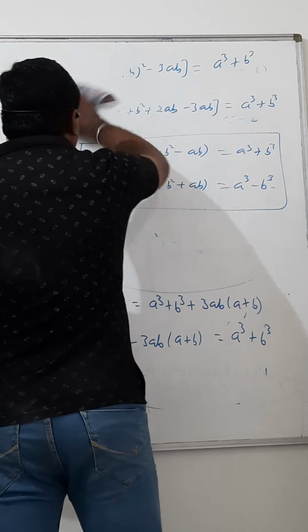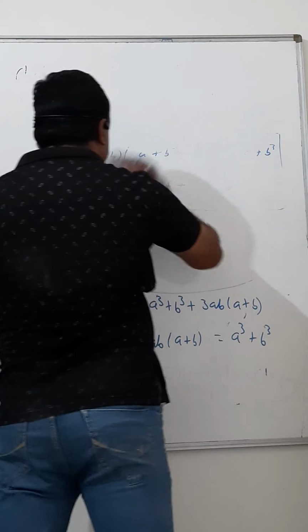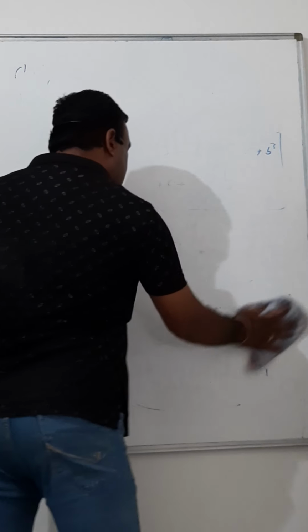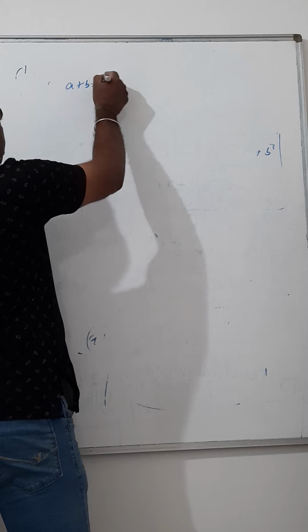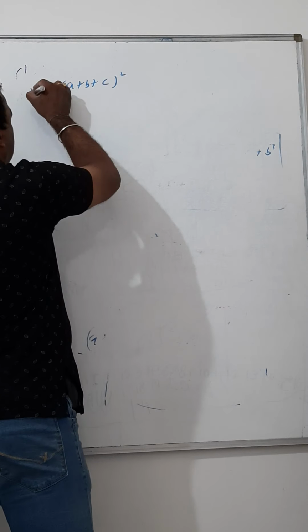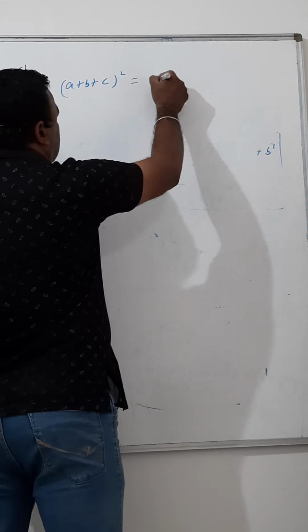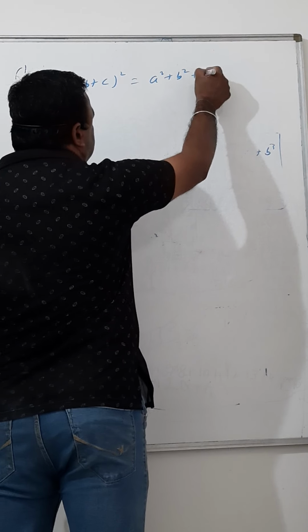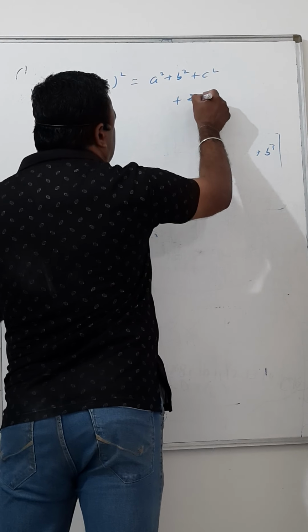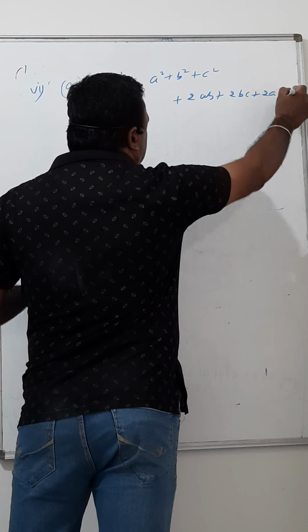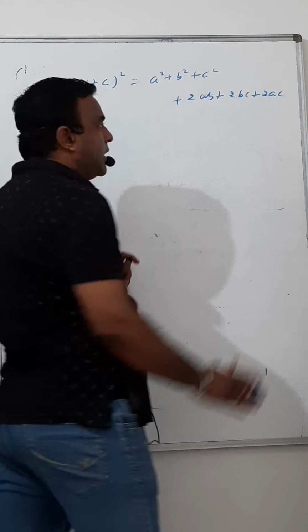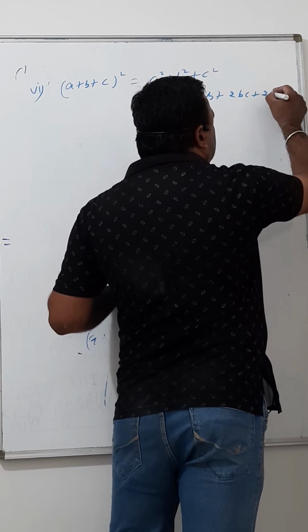The last formula, which is often used, is (a plus b plus c) whole square. Definitely the squares of all three will come, then 2ab, 2bc, and 2ca, I should write.